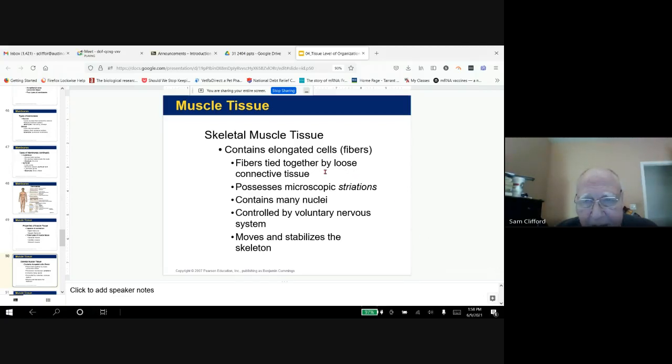Skeletal muscle contains elongated fibers connected by loose connective tissue. We'll talk about striations in a moment. They contain nuclei. Skeletal muscle is under voluntary nervous control. Cardiac and smooth muscle operate independently of your stimulation.